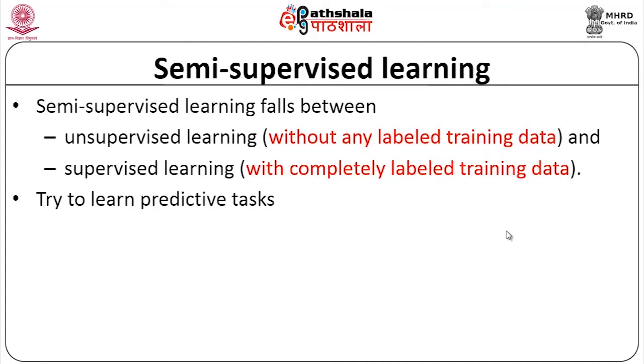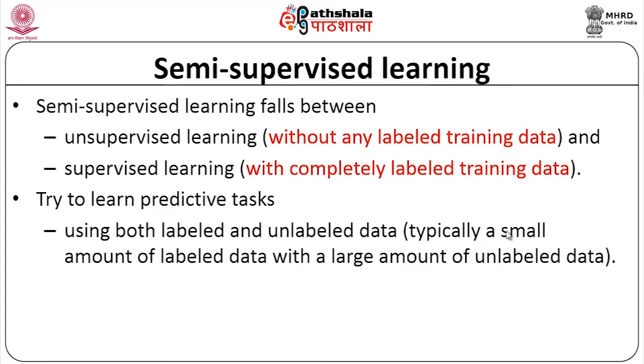So, we try to learn predictive tasks using both labeled and unlabeled data, typically a small part labeled with a large amount of unlabeled data. If you have too much labeled data, it becomes supervised. So, what we are doing here is we have a lot of unlabeled data and a typically small amount of labeled data.